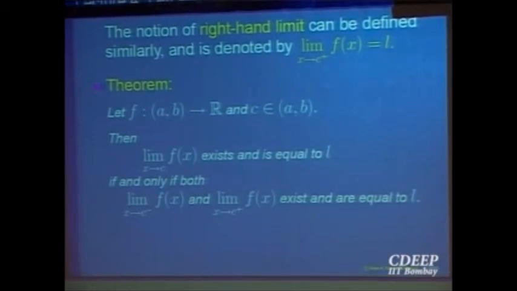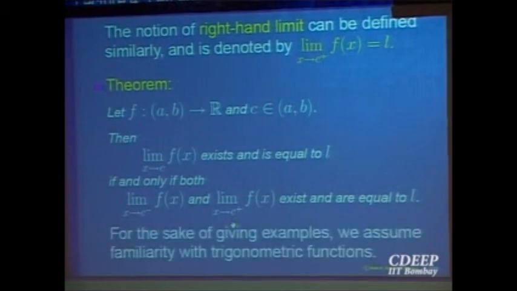You can prove it by sequences very easily, because if the limit exists and is equal to L, then for every sequence c_n going to c, f(c_n) must go to L. So in particular it will happen for limits from the left also. So the left limit exists, and its value is L. In particular it will happen also for sequences only from the right. So the right limit exists and is equal to L. So you can easily prove it by sequences if you like.